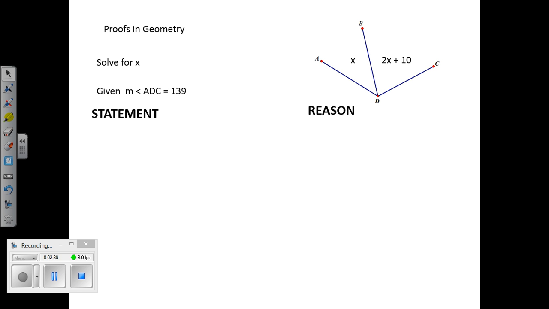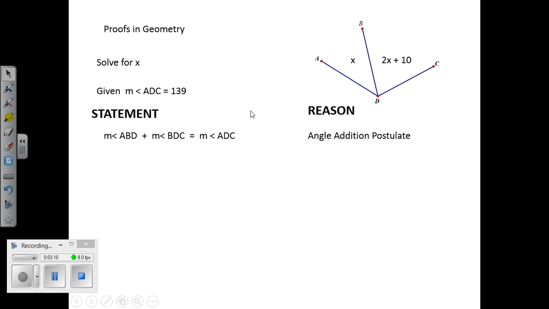The first thing we note is that we have an angle addition problem. That is, the angle ADB plus BDC is going to equal the all-inclusive angle ADC. So we write that down right here. The measure of ADB and angle BDC add to angle ADC. Where does that come from?